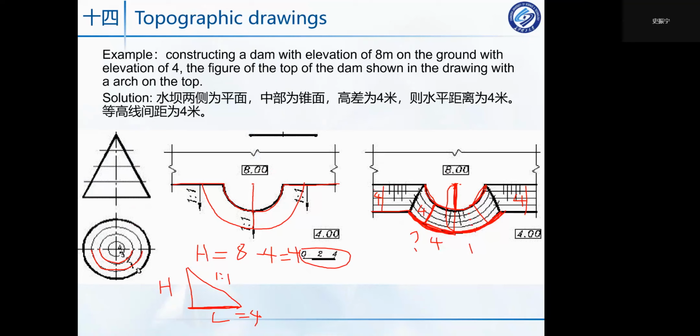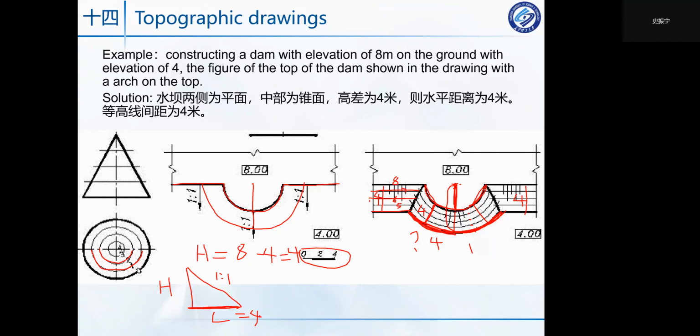Then you can divide this interval also into 4 parts, because the interval of these 2 lines is 4. So each line is 1. So this is 8, this is 7, this is 6, and this one is 5.